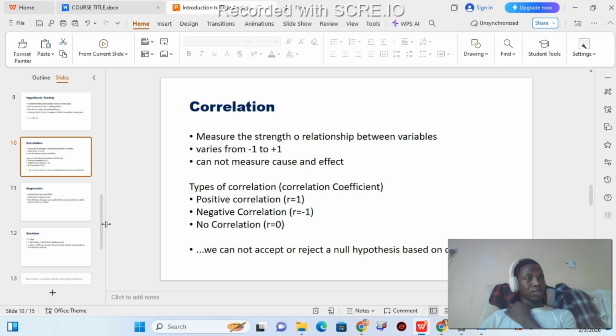Variables are data. That's just it. Variables are data. If I collect data on age and marital status, of course, you are going to have a column. The heading of that column is going to be age, right? And the heading of another column that has another data point is going to be marital status.